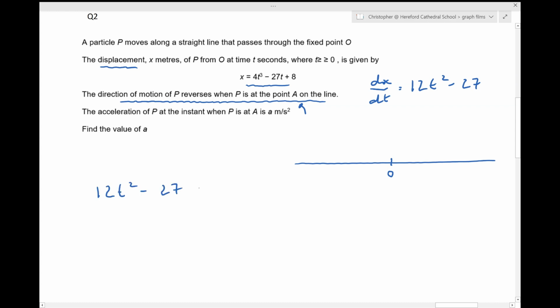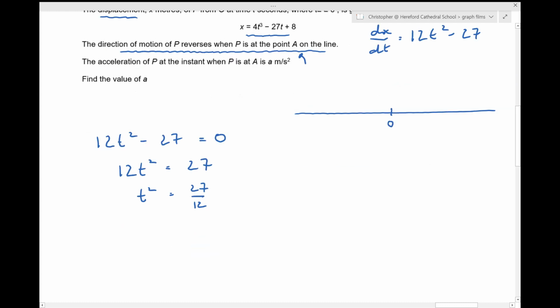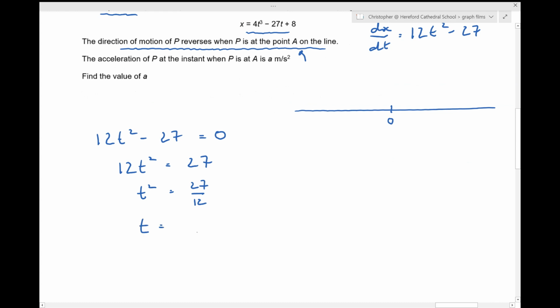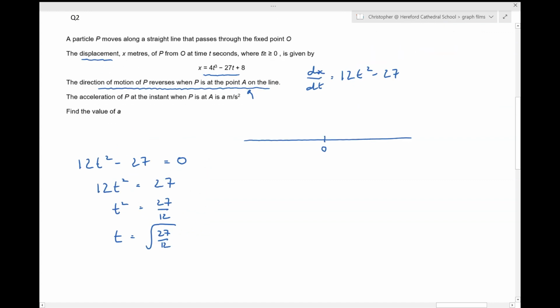Because when the change in displacement is equal to 0, that is when, so t is going to be root 27 over 12. Right, so that is when my particle comes to a halt and then goes the other way, reverses its direction.